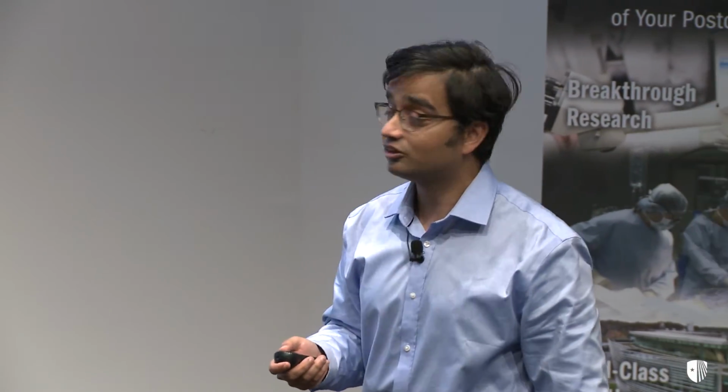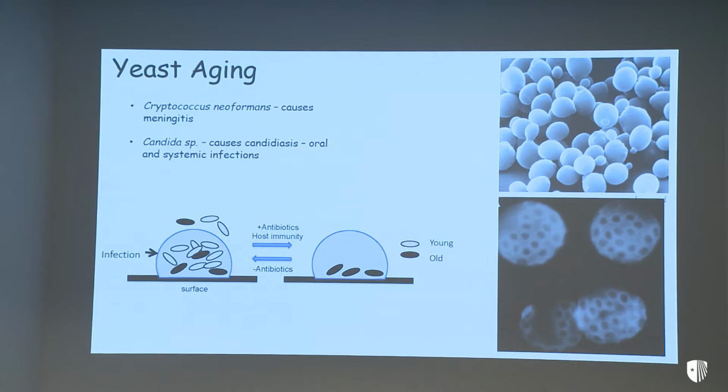So you may ask, why do we even care about old hags? This is because just as we grow wiser as we grow older, these yeast cells also grow wiser. So an experiment was done in the past in which an infection was done, and in this infection there was a mixture of young and old cells.